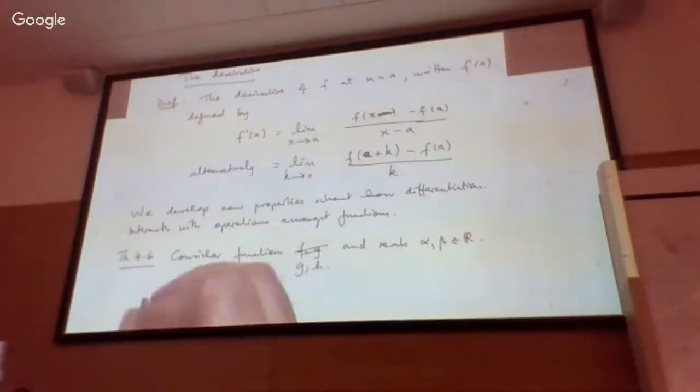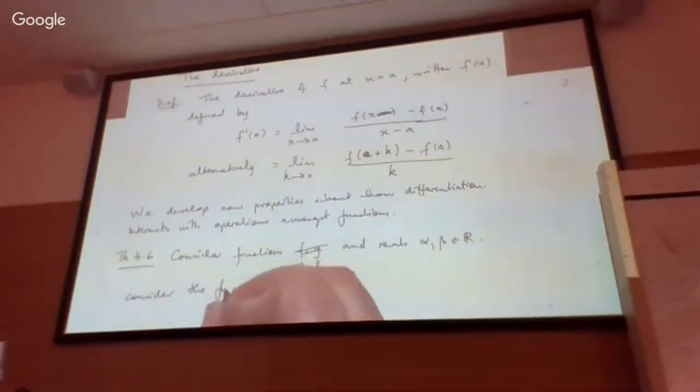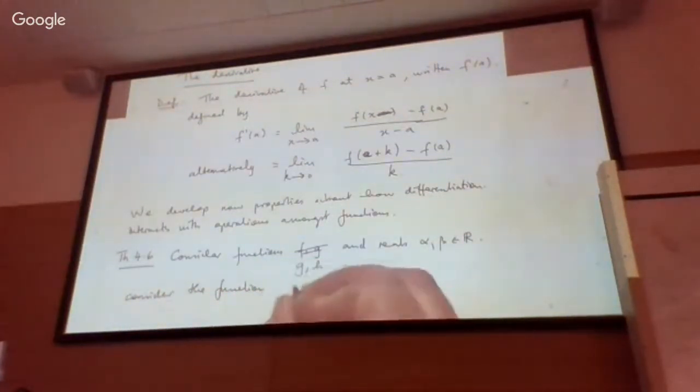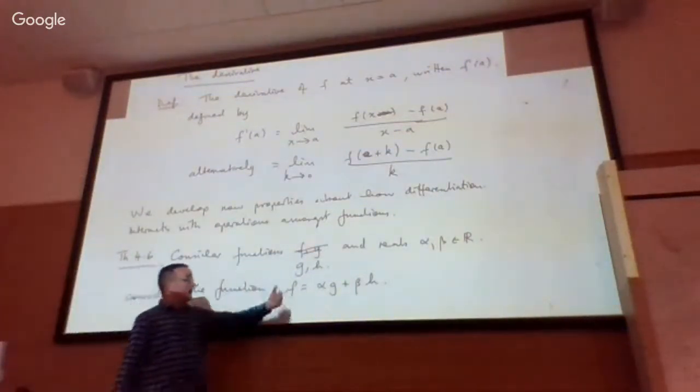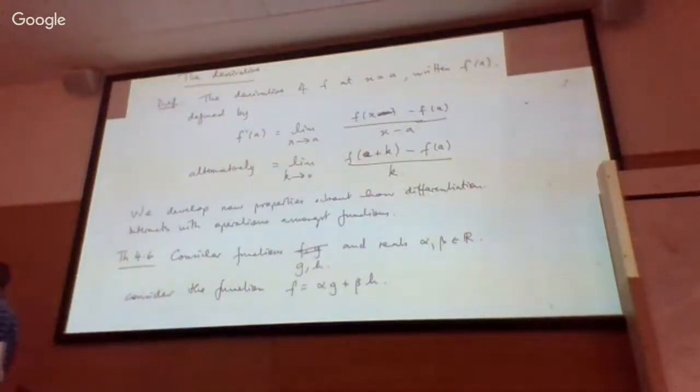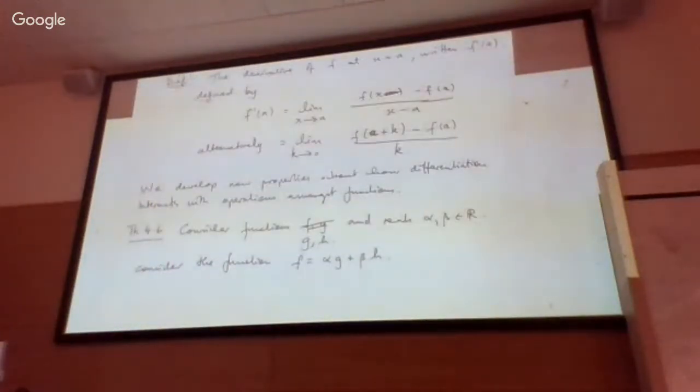Then consider the function f, which we form as a linear combination of g and h. So what a natural operation does is take two functions we have and put them together in a linear combination to form a new function, f.